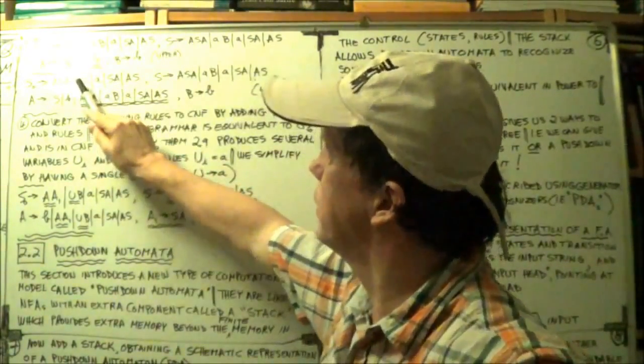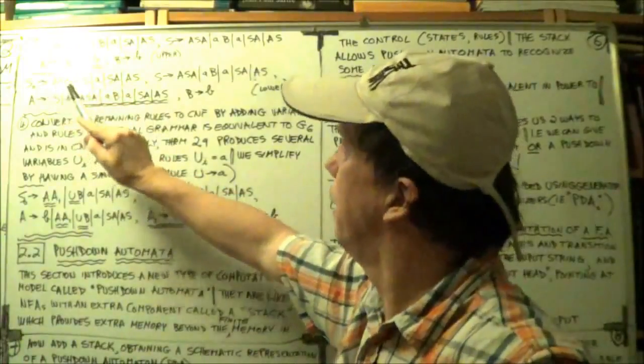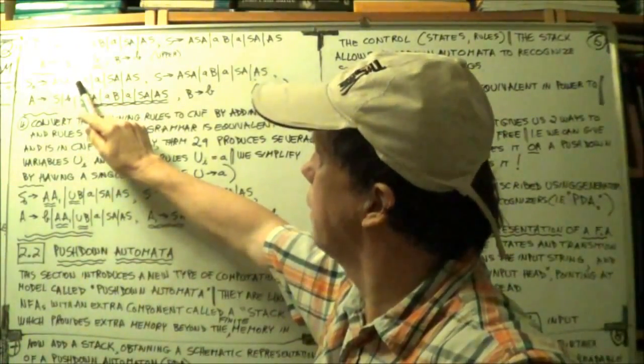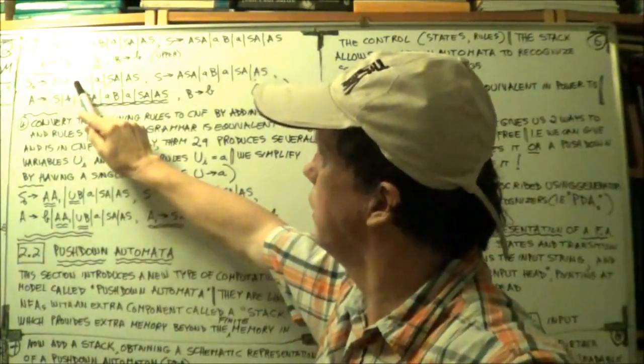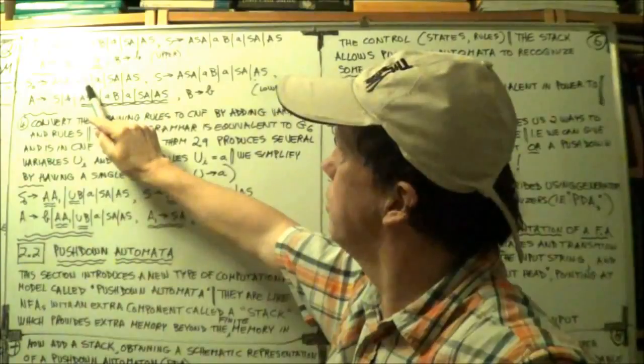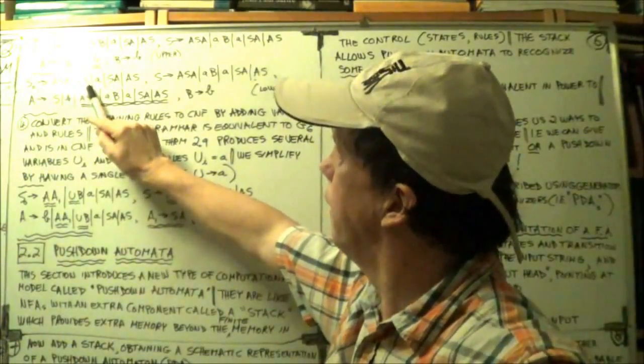Okay, that's okay, they're two variables. So that's standard form. And then you'll have a new rule that u1 will arrow little a. Now it's a single terminal, that's okay. And u2 arrow b.